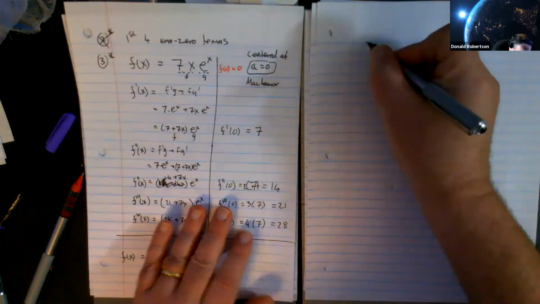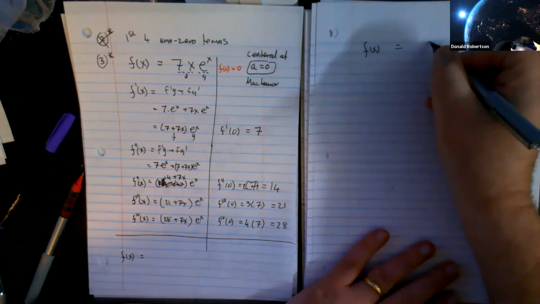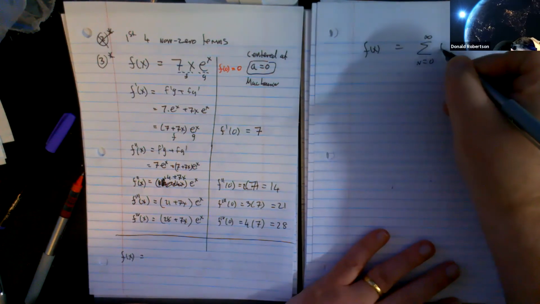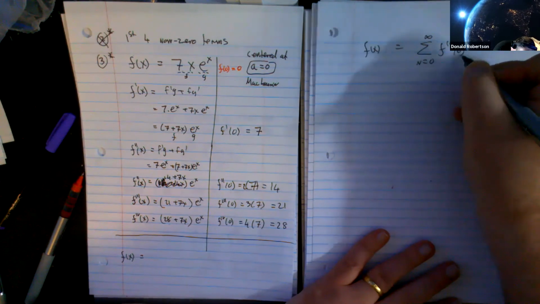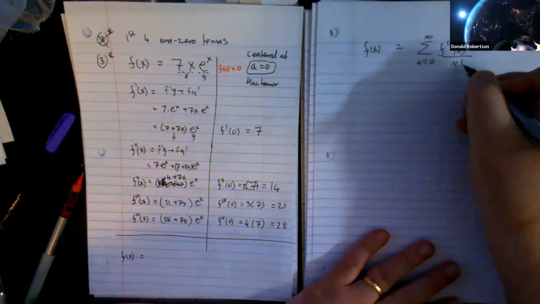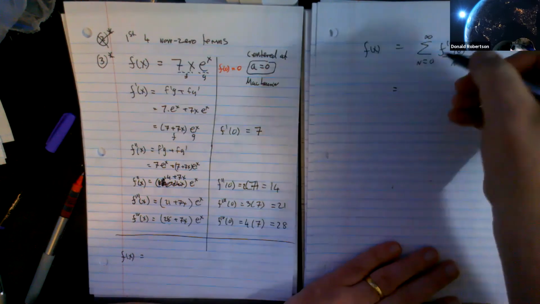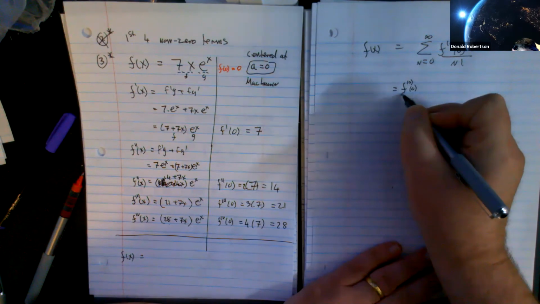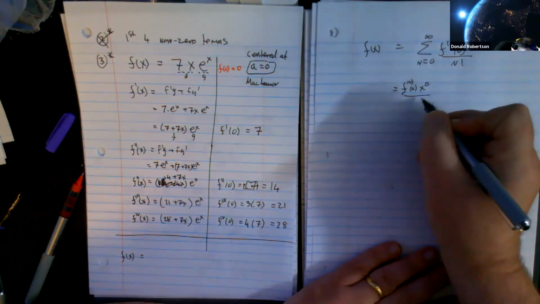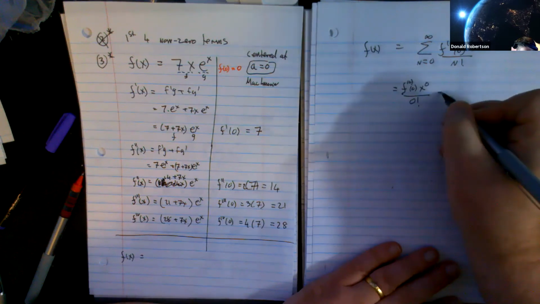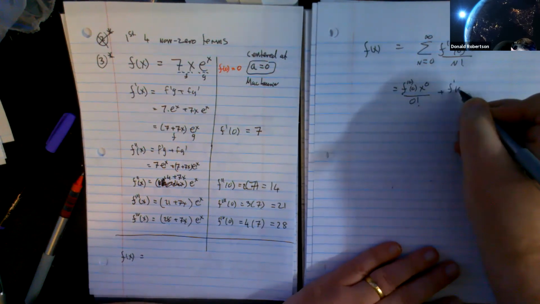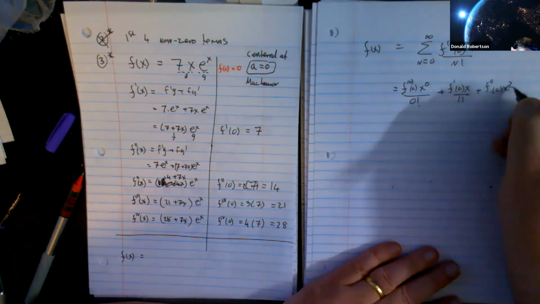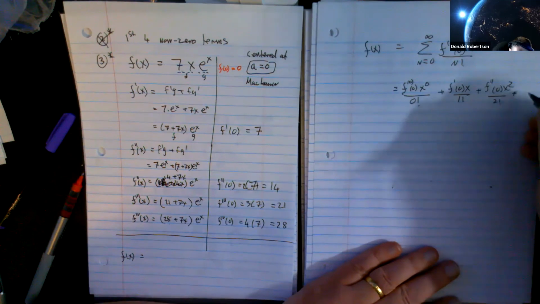If you take any function and write down what it looks like as a Maclaurin series, you write 0, 1, 2, 3, 4, and so on: the 0th derivative at 0, x to the 0 over 0 factorial, which is always weird looking. Then the first derivative at 0, then the second derivative at 0 with x squared, and then the third and the fourth.